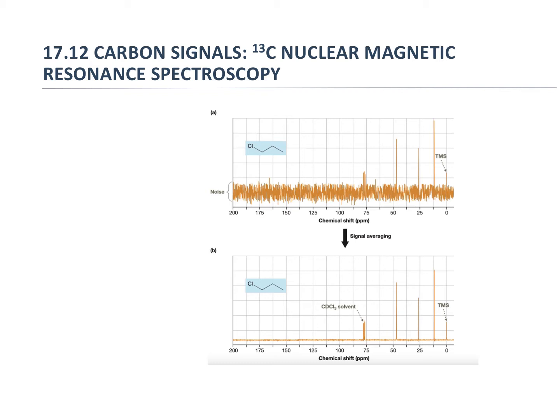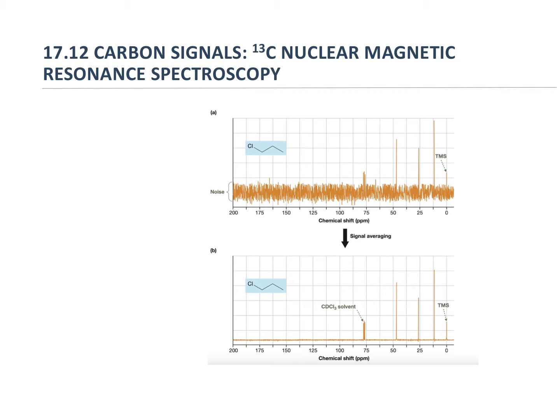Because a proton and carbon-13 nuclei have the same available spin states, the two types of spectroscopy have a lot of characteristics in common, and this is really helpful for us.